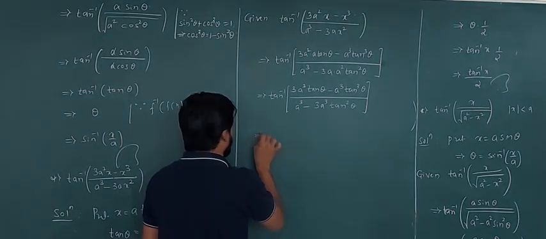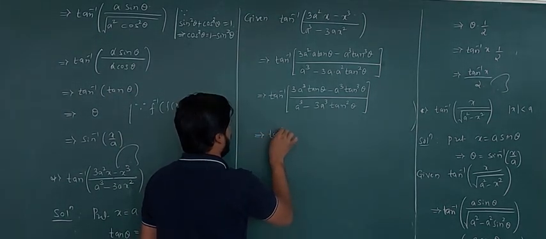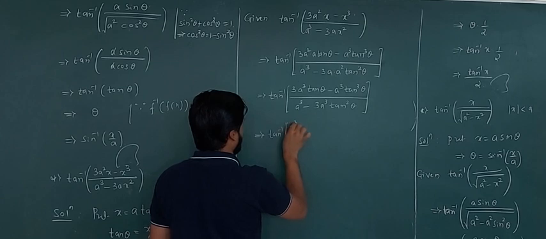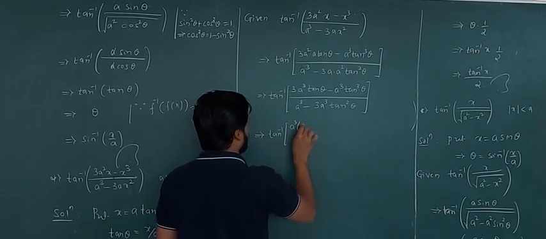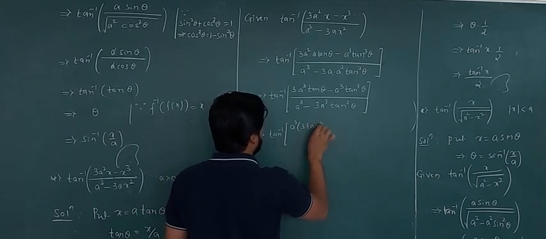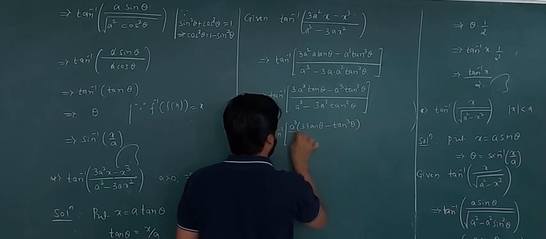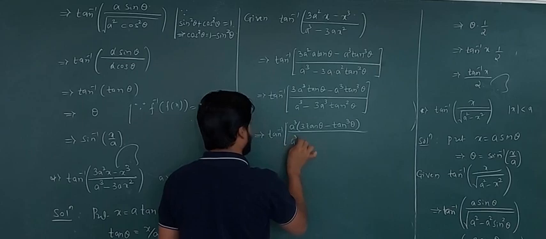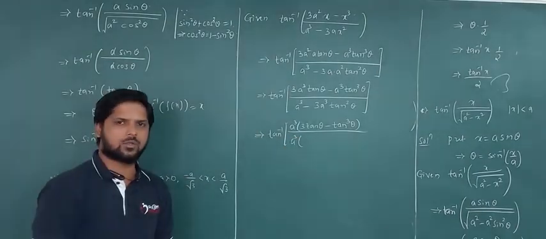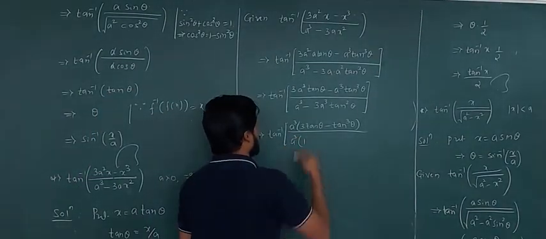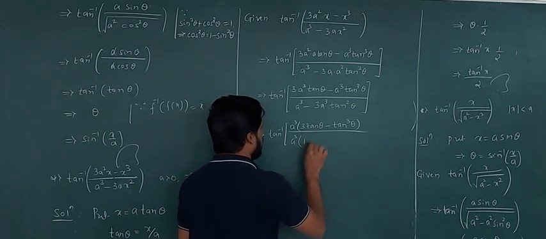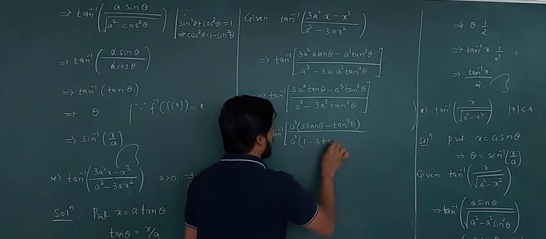In the numerator and denominator a cube is common, take it outside. We get a cube into, in the numerator, 3 tan theta minus tan cube theta, divided by, again a cube common in the denominator, take it outside, 1 minus 3 tan square theta.